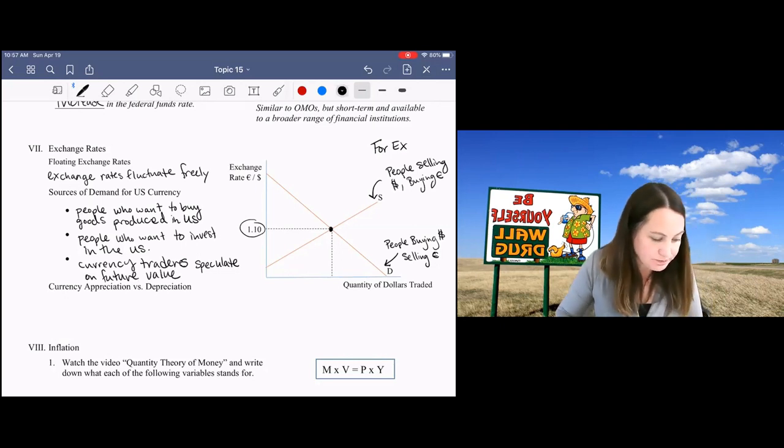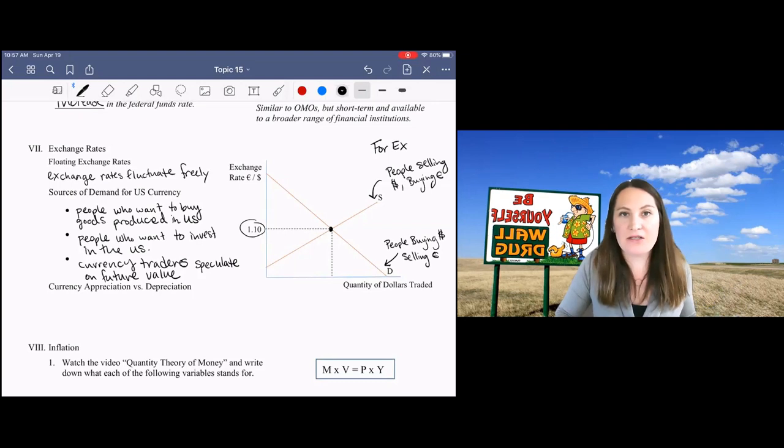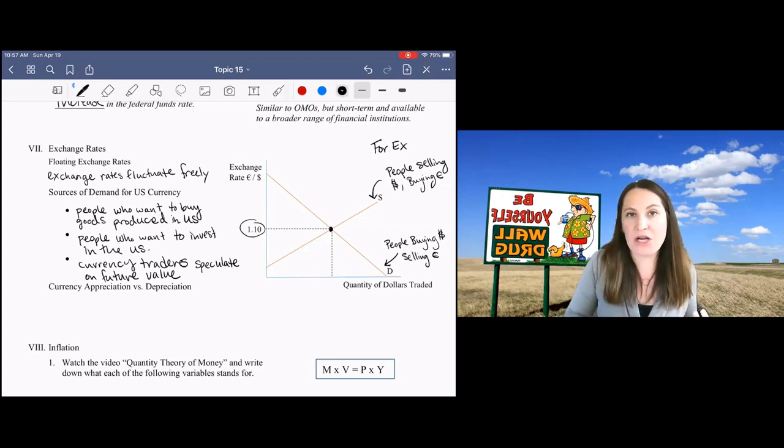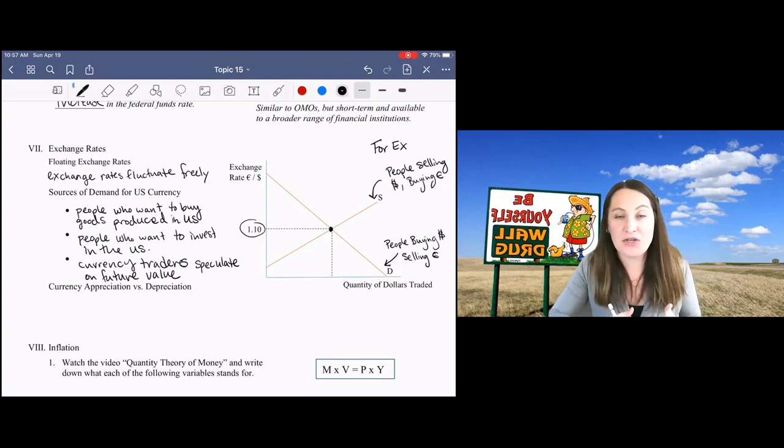All right, so we've got people who want to buy dollars, we've got people who want to buy euros, and they're trading with each other. And then that results in some exchange rate, some rate of exchange between dollars and euros. And again, we're going to use these terms currency appreciation and depreciation rather than saying exchange rates are increasing or decreasing, to avoid any confusion about the way we write this, if we're writing it as the exchange rate between euros and dollars or dollars and euros.